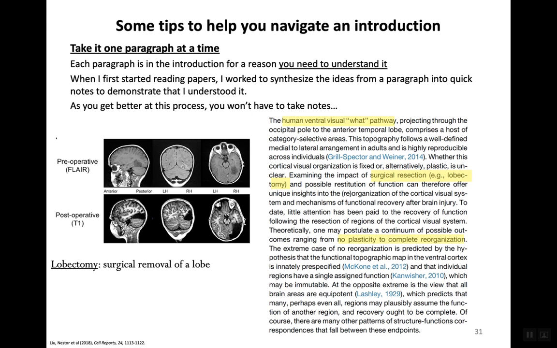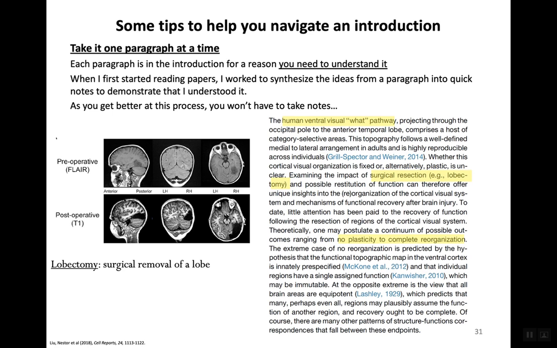So a lobectomy is defined as a surgical removal of a lobe. This is not the result of an accident or of a disease. This is something that a neurosurgeon will do. They will remove a considerable amount of brain structures, including gray and white matter, so either the total or the almost total removal of a lobe in one hemisphere or the other. And then if you look at the pictures here, you can see exactly what happened for one particular patient.